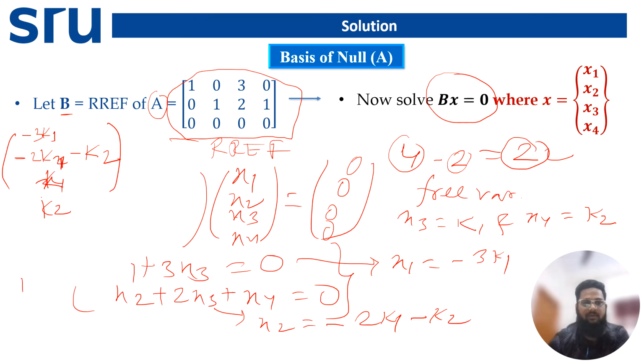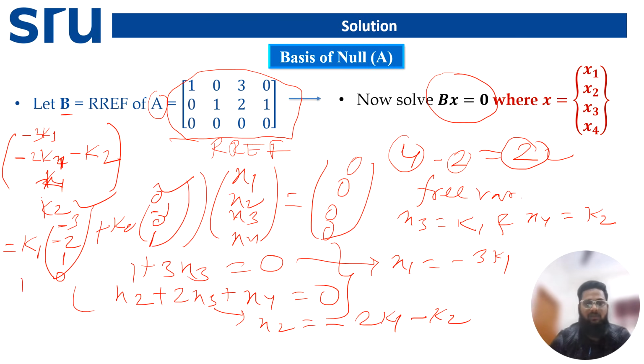Now just separate this k1 and k2. For k1 you get minus 3, minus 2, 1, 0. For k2, there is no k2 in the first term, so 0. Second term is minus 1. Third term has no k2, 0. Fourth term is 1. These two vectors are called the basis of null space.